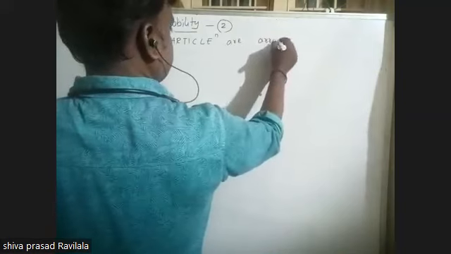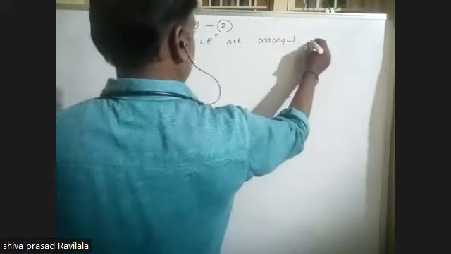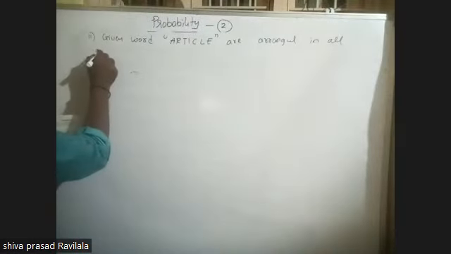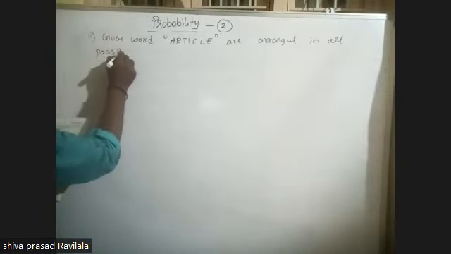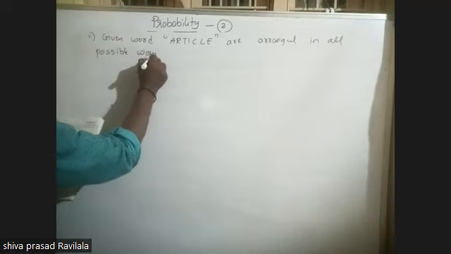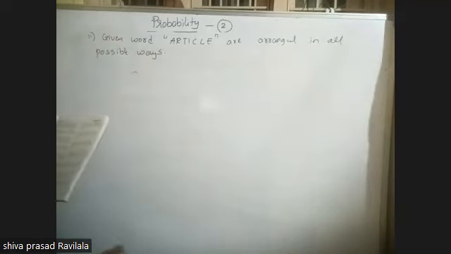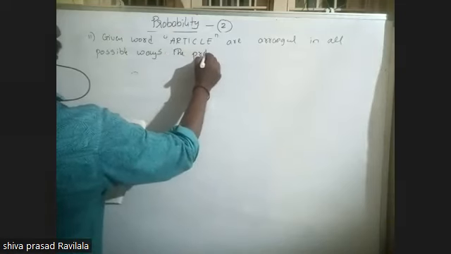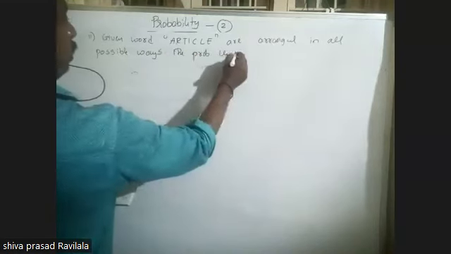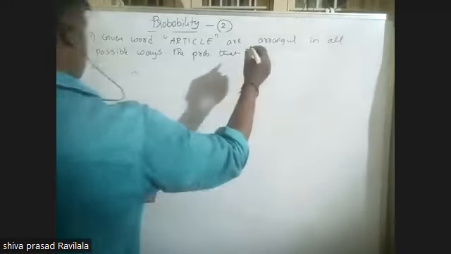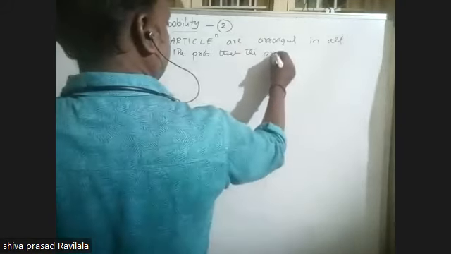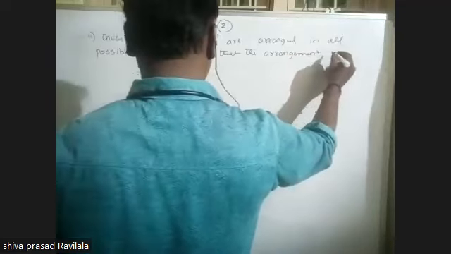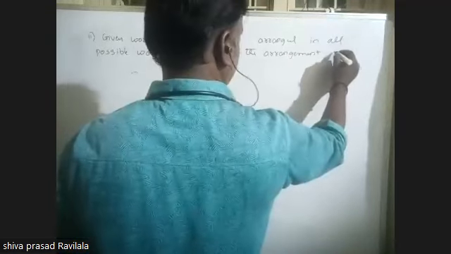Arranged in all possible ways, the probability that the arrangement begins with vowel and ends with consonant.